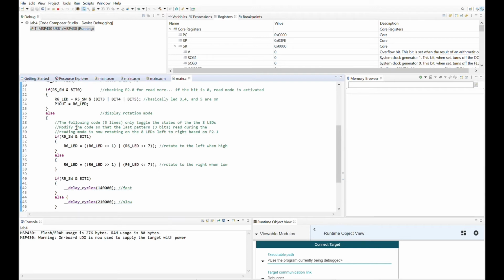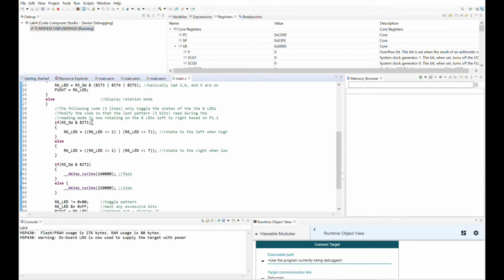If it's high, then we're going to have to do this rotation. And that's what happened when we turned the 0-bit one on and off. It would start rotating to the left or to the right. But if it's high, then we're going to go into the rotation mode.